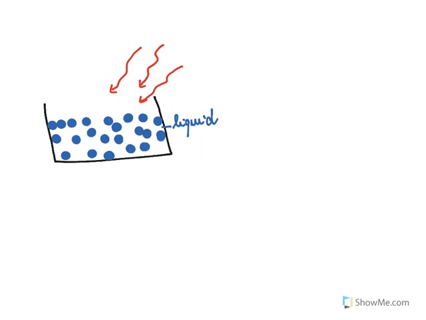Here we have molecules of water in the liquid. There is heat in the surrounding. The molecules on the surface will pick up the heat from the surrounding, and when they do, they can overcome the forces of attraction.